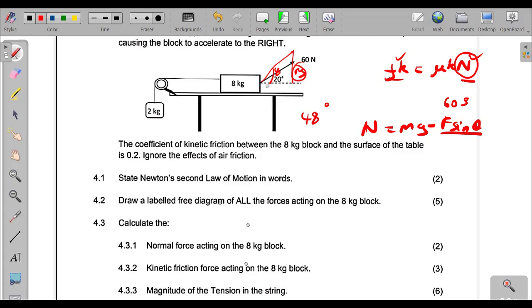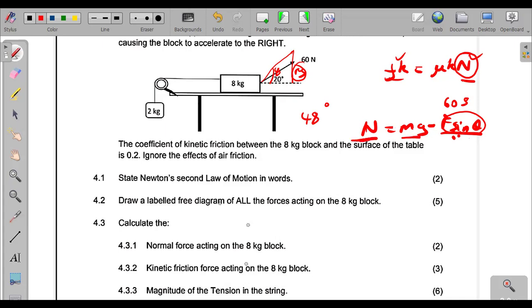And when it increases, we are now subtracting a bigger value from mg, our gravitational force, which will cause a decrease in the normal force, because the normal force is dependent on both of them.